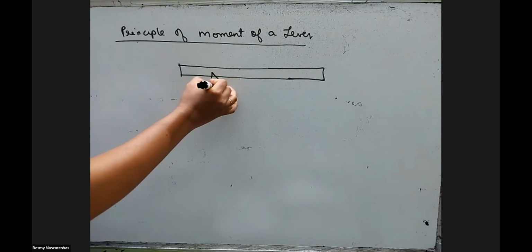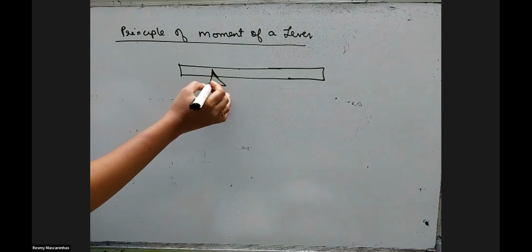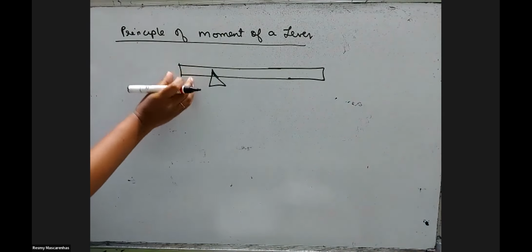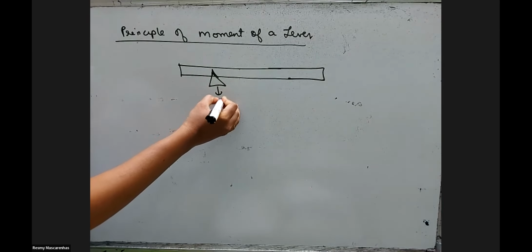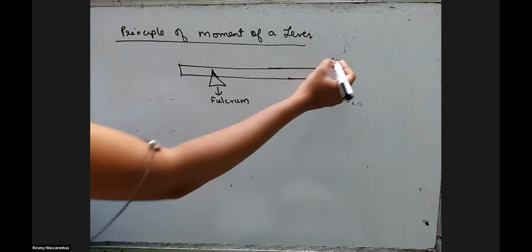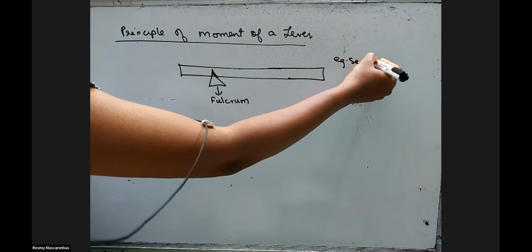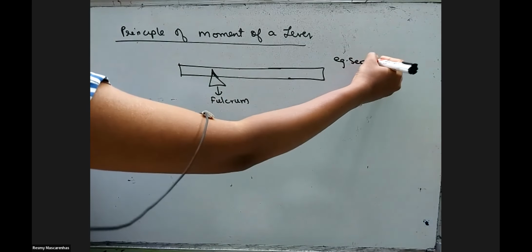This is a fixed point to which it is attached. About this it will move, either this part will go up or this part will go down. This part is called the fulcrum. You can write the example: seesaw in a park.